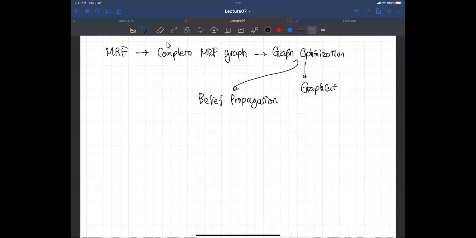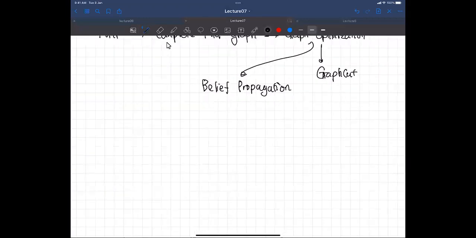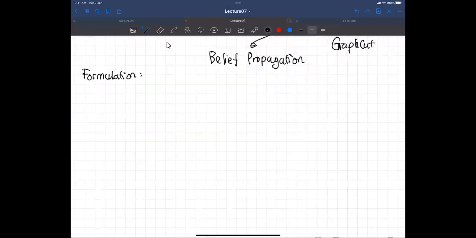I'm not really sure if I need to explain belief propagation. Well, it's a very simple algorithm. Why not? So let's do it. Belief propagation. The formulation of belief propagation is based on belief. This can be useful for many applications.